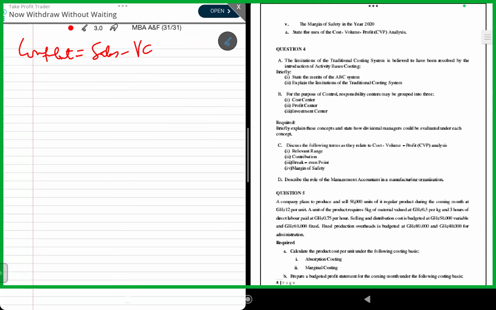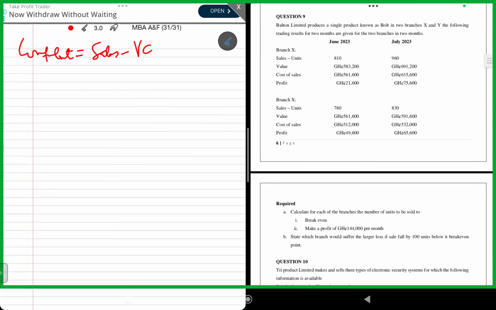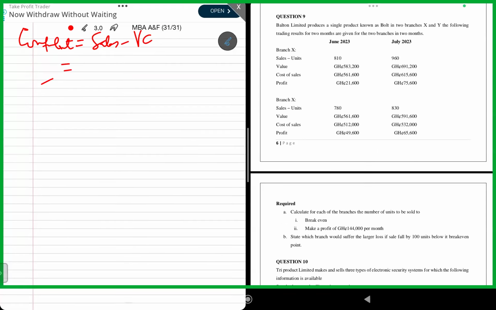Then we are searching for contribution margin. So what is the total sales? Total sales is 583,200, right?